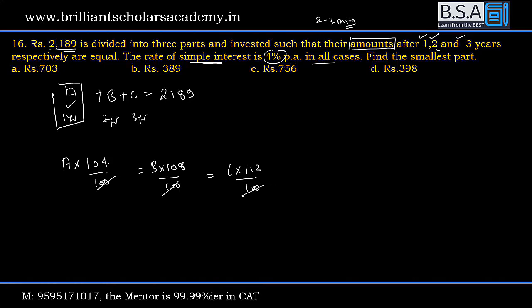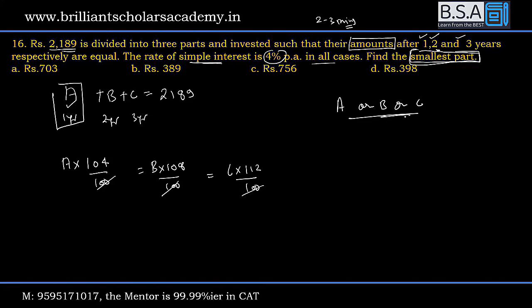After solving this, what do you need? You need the smallest part. So go on, find the smallest part. Tell me, will A be the smallest, or B, or C?